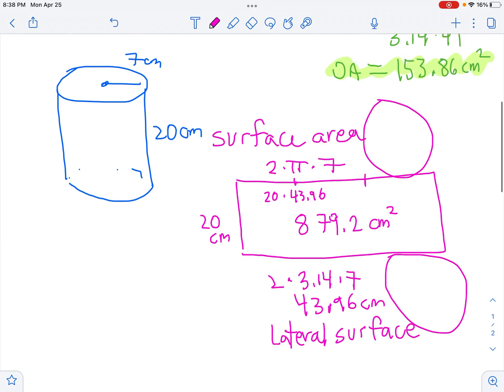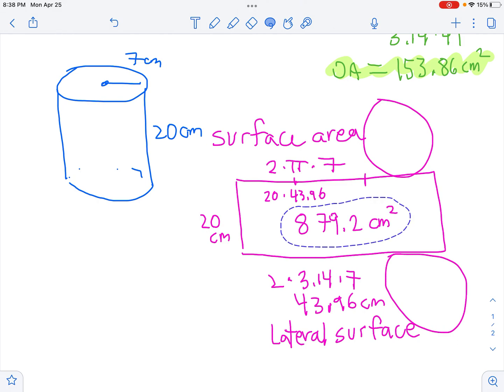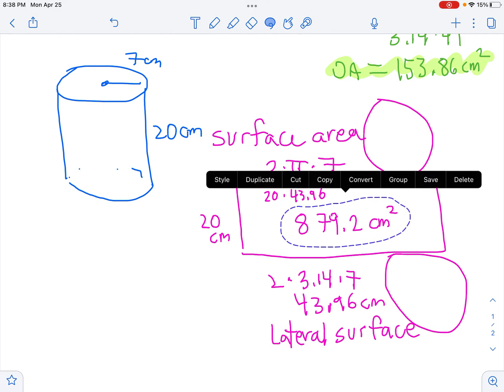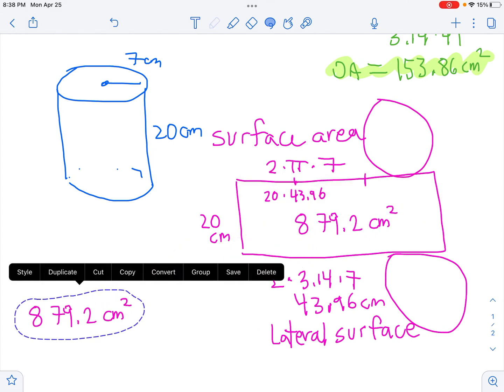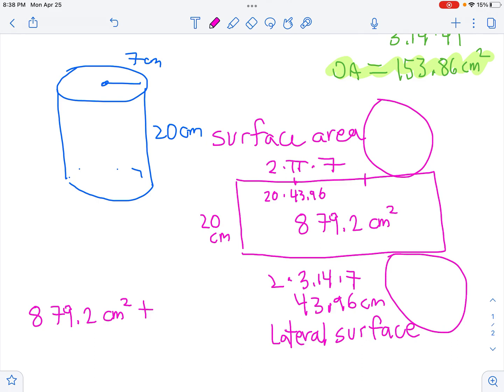So we've got these two circles, and we already know the area of those two circles, right? We know that from here. We know that the area of these circles are both 153.86 centimeters squared. So to figure out the overall surface area, we take the lateral surface area, which is that, and we're going to add 2 times the area of the circle, which is 153.86 centimeters squared.